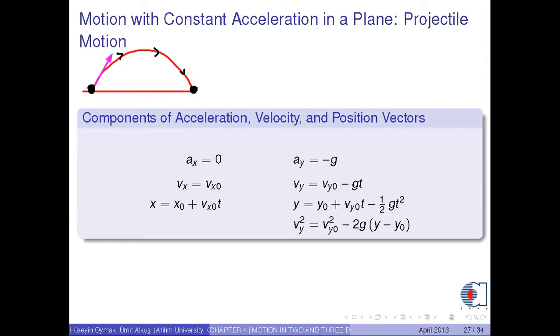Three reasonable assumptions facilitate the analysis of projectile motion. 1. The Earth is assumed to be flat over some small horizontal range of the projectile. This assumption is valid if this small horizontal range is much less than the radius of the Earth. 2.